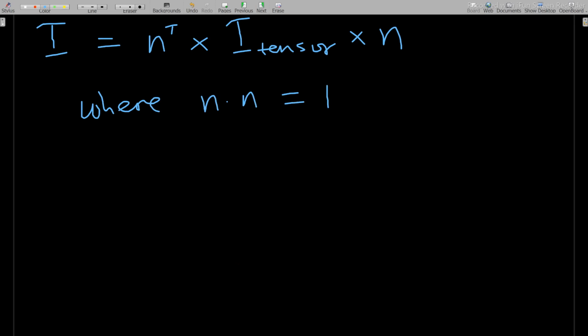Meaning that n here should be a unit vector, because that is the only vector whose dot product with itself will give you 1.